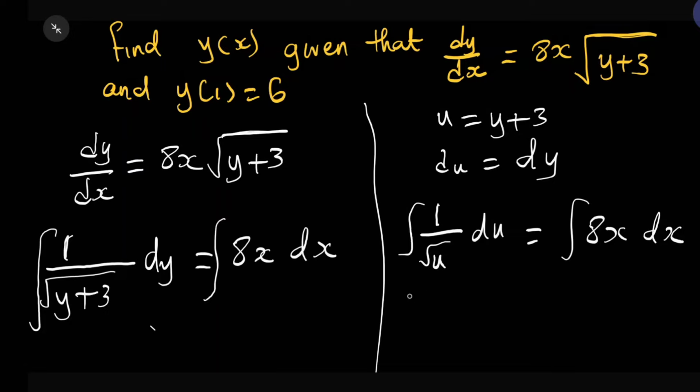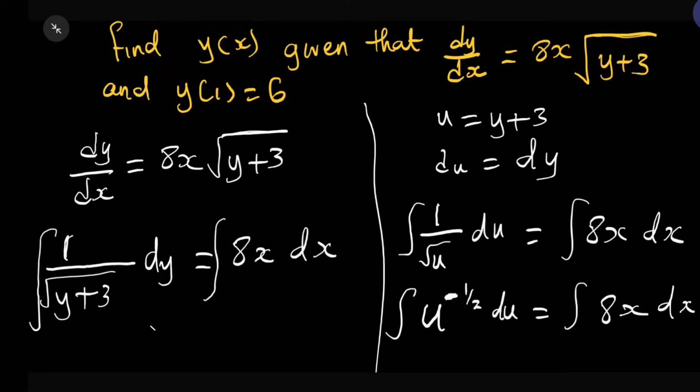So we can rewrite 1 over the square root of u. We know that the square root of u is u raised to power half. And 1 over u raised to power half is the same thing as writing u raised to power minus half du equals 8x dx.